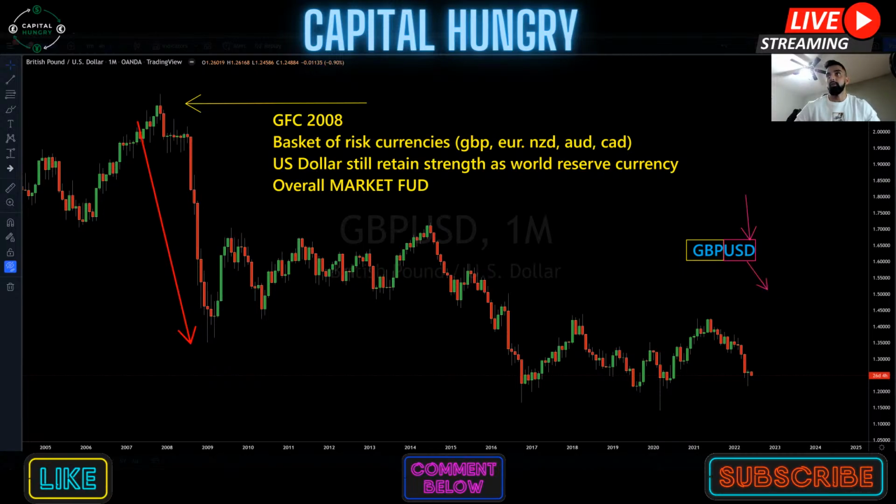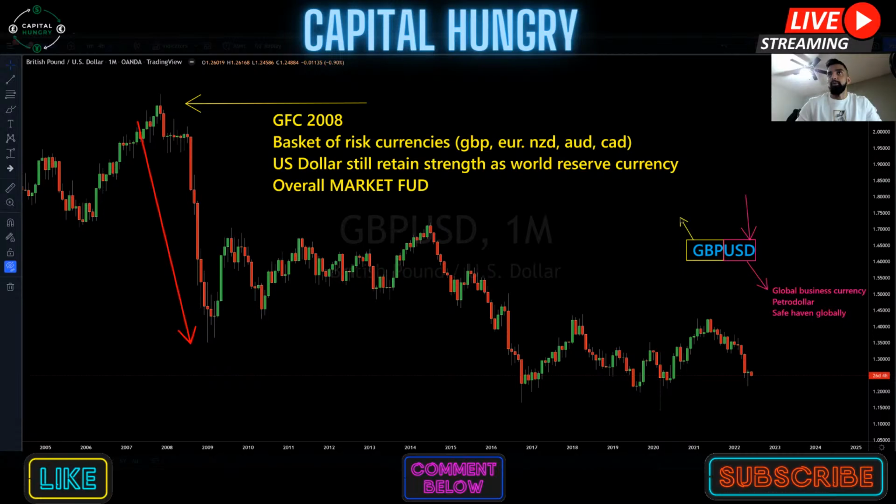World reserve currency, global business currency, petrodollar, safe haven globally still as well, right?